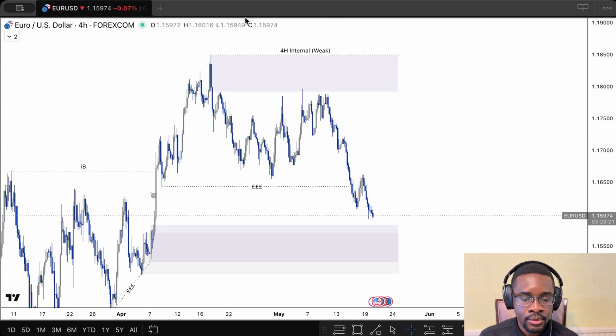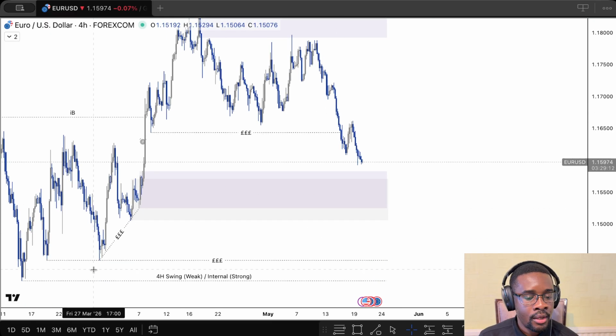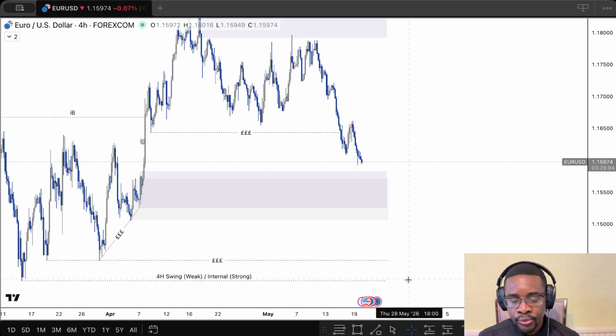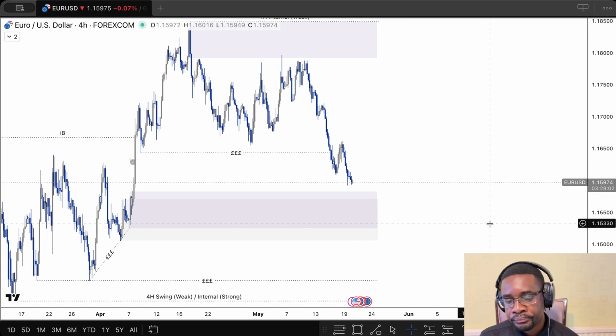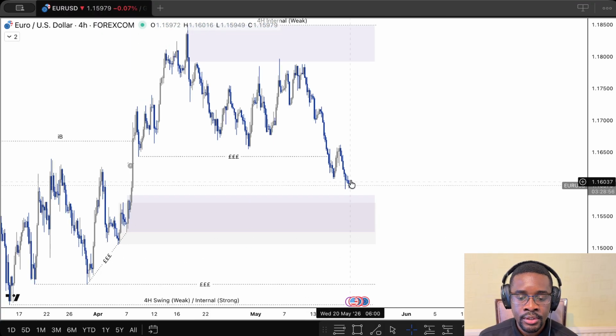Price is bearish, aligning with the swing structure. We do have trend line liquidity right there, and then relative equal lows, and then we have a weak low at the bottom as well. So there is a lot of liquidity resting at the bottom, and price could easily continue to melt all the way to the downside.